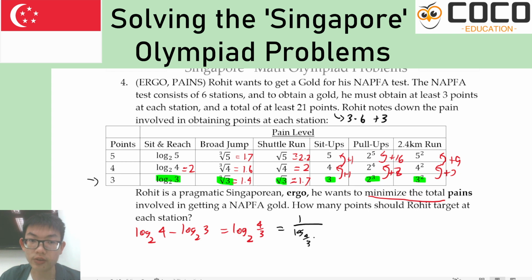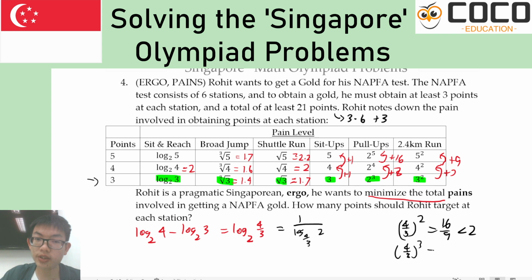That does not look like a very smart thing to do, but then we can say that 4/3 squared is less than 2, and 4/3 cubed is more than 2, meaning that this here is between 2 and 3. Between 1/3 and 1/2. Now if it's between 1/3 and 1/2, that means that it is quite a big value already.